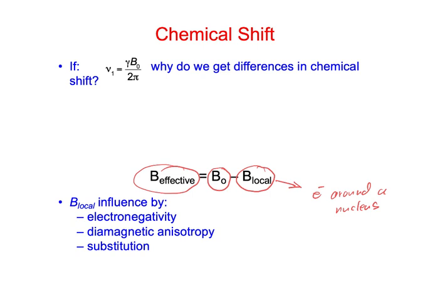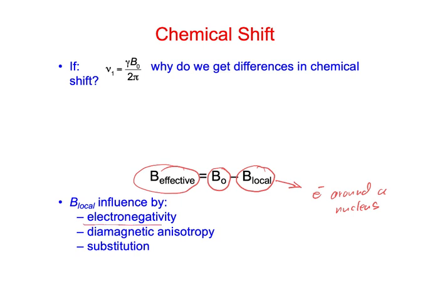And so it essentially subtracts from the magnetic field, like the equation shows. So it's kind of protecting or shielding a proton from the full strength of the magnetic field.